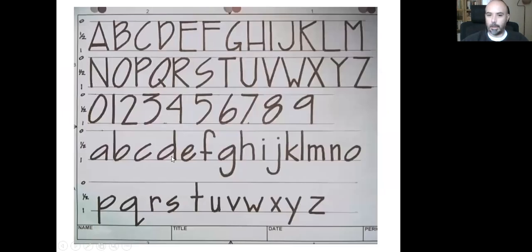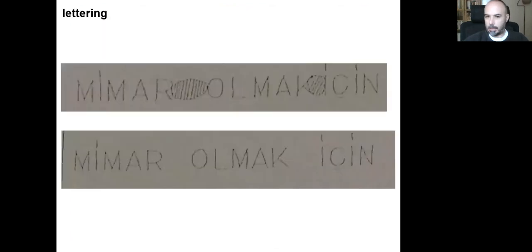And in time, you can create your own lettering style. This is the basic lettering that you start with. But if you keep practicing, I advise you to do this exercise as much as you can. Whenever you have the opportunity, just take out your notebook and practice your lettering.